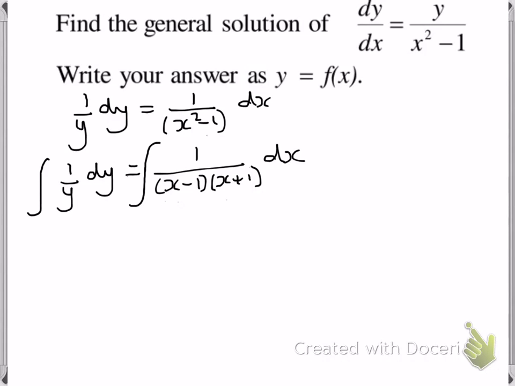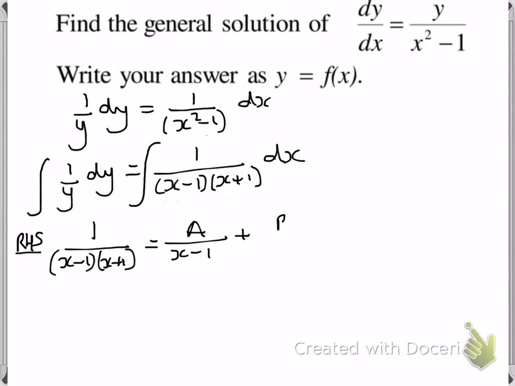So taking the right hand side, I'm going to say the 1 over x minus 1, x plus 1 is equal to a over x minus 1 plus b over x plus 1.